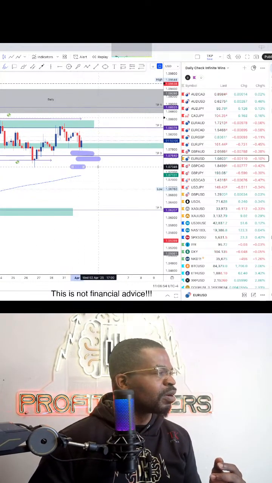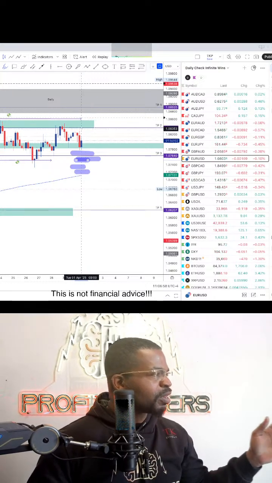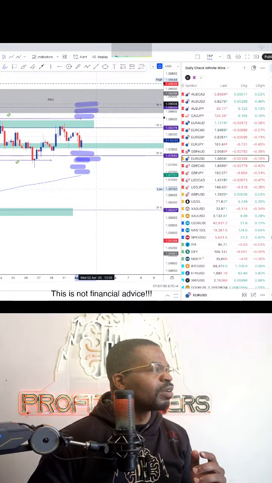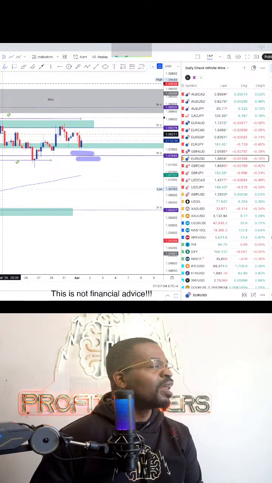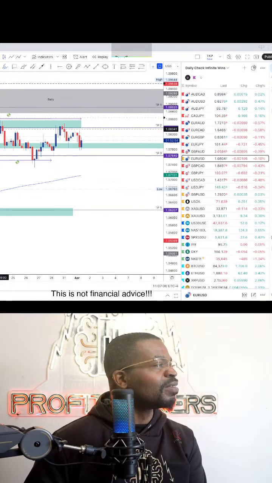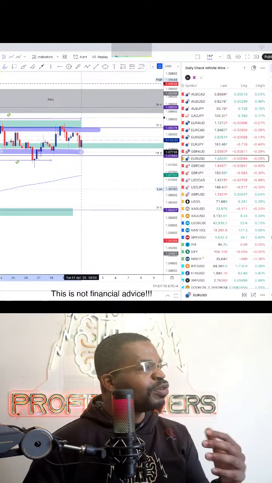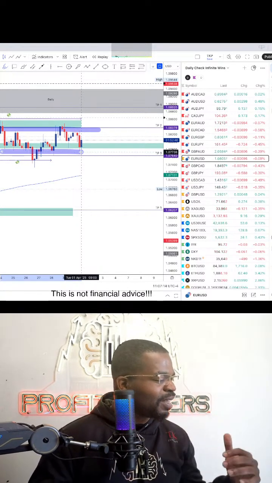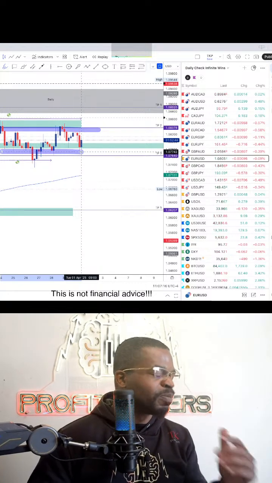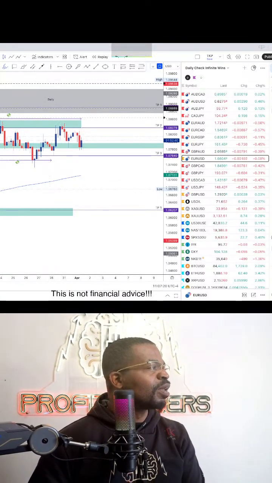So for the people that think this is going to buy, all their stop losses are here. The people that think it's going to sell, they got all of their stop losses here. That's why I told you guys, the main thing you need to do is identify consolidation. Because if you can do this, you know where the money is. And if you identify where the money is, it's easy to spot market manipulation. Because that's what it is. It's a game. You just got to learn how to play it.